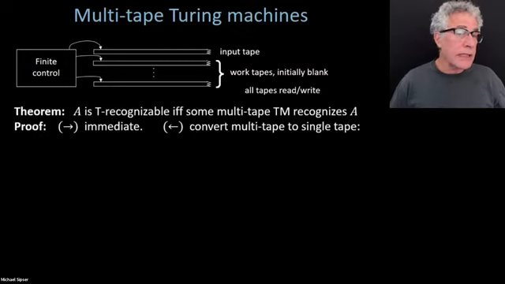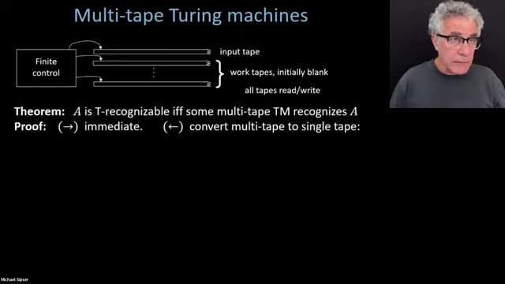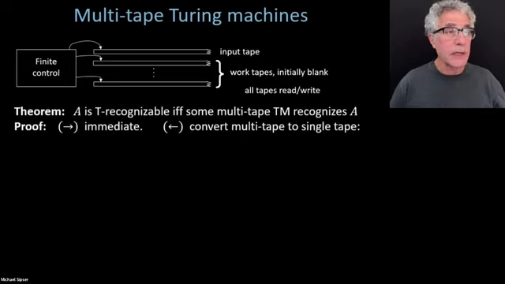Another way of saying that is if you have a language that you can do with a single tape, you can do it with a multi-tape and vice versa. One direction of that is immediate, because a single tape Turing machine is already a multi-tape Turing machine that just happens to have 1 tape. So for the forward direction, there's nothing to say. That's just immediately true.